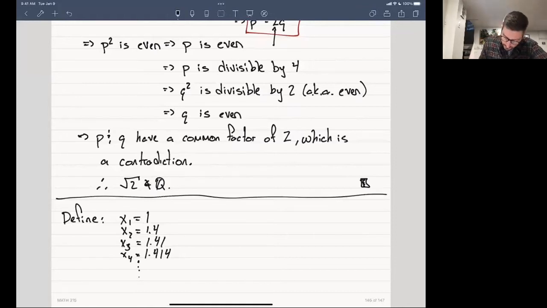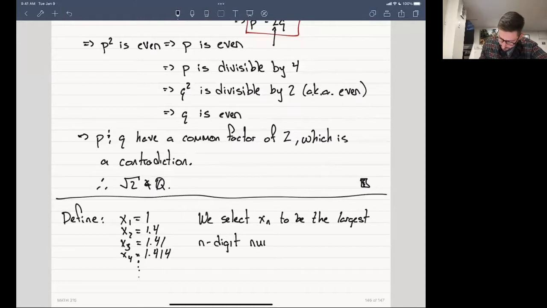So we select xn to be the largest exactly n digit number such that xn squared is less than 2.